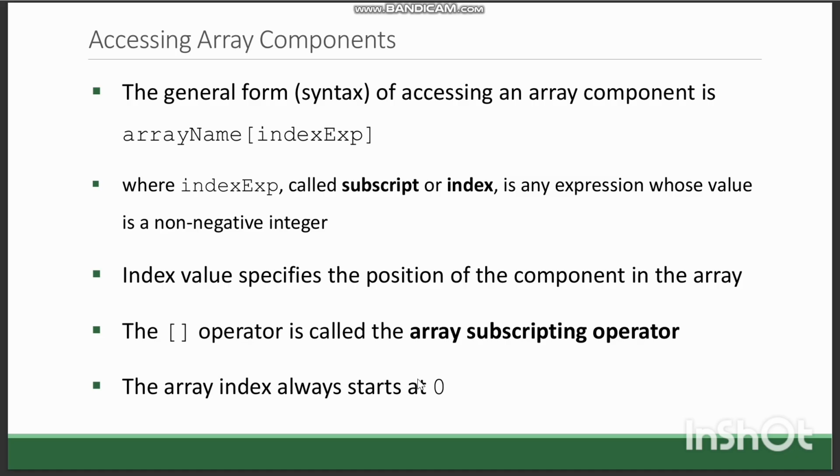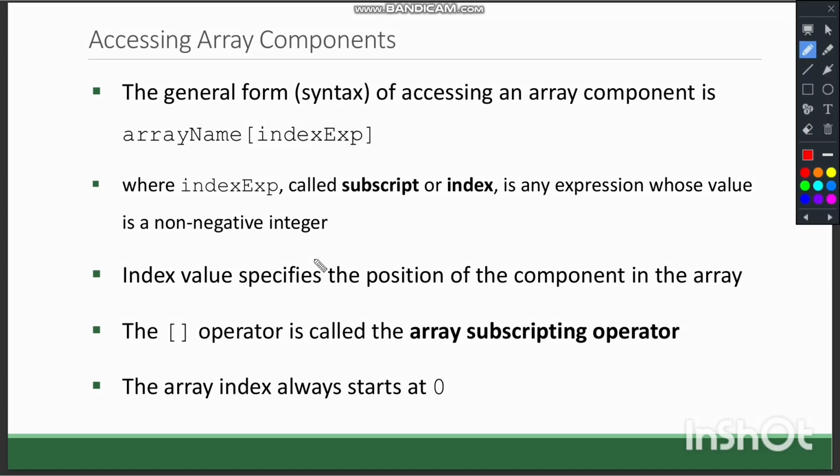Okay, so accessing the array components. How can we access the components of an array? The general form or syntax of accessing an array component is to write the name of the array and its subscript. For example, if the name of the array is b and we want to access its second element, the second element is at subscript 1. By writing this we can access the second element of the array b.